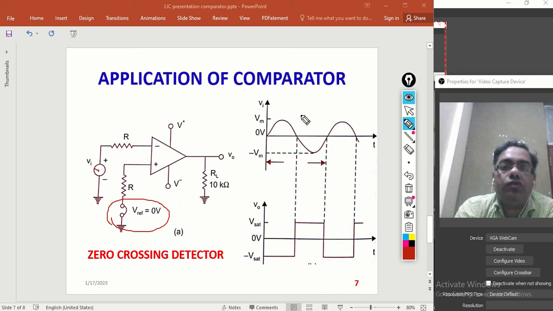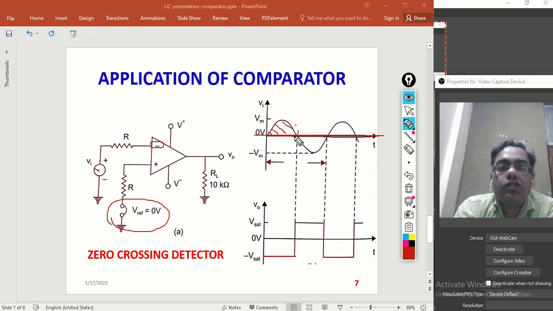Here you see the waveform. 0 is the reference. When the input voltage is above the reference and it is applied to the inverting input, the output will be minus V sat.